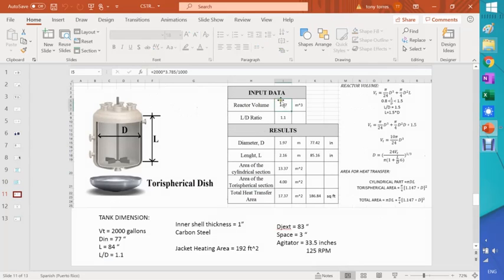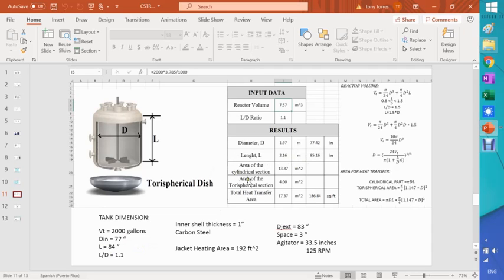Since I'm using cubic meter, I have to change the 2000 gallons into cubic meter, which is what I did here. 7.57, the 1.1 that comes from the L/D, and that will provide me the diameter of the vessel, which happened to be 1.97 in meter, but in inches, about 77 inches, which is basically the inner diameter, is right there. How about the length? 85. I got here 84. That's perfect.